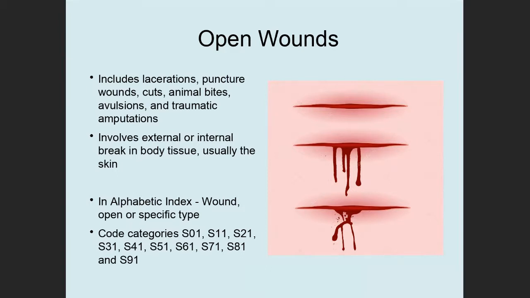So in this case, in the Alphabetic Index, you look up wound, open, and then specific type of wound. If you look up lacerations, avulsions, or amputations, there will also be entries for those in the Alphabetic Index. And these code categories have a third character of 1, S01, S11, S21, etc.